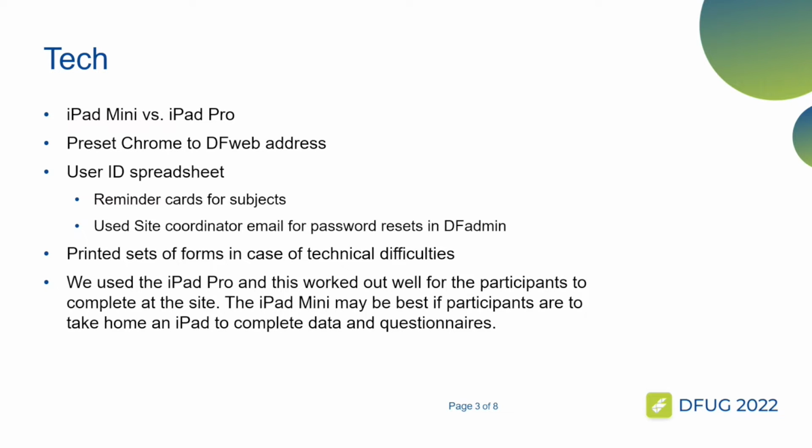When we set up the tablet, we loaded Chrome onto it, and that was pretty much the only thing that they could access. And then we preloaded the DFweb address into the browser. So all the site had to do was open Chrome, DFweb was there, and then they could start guiding the participant into entering their data.